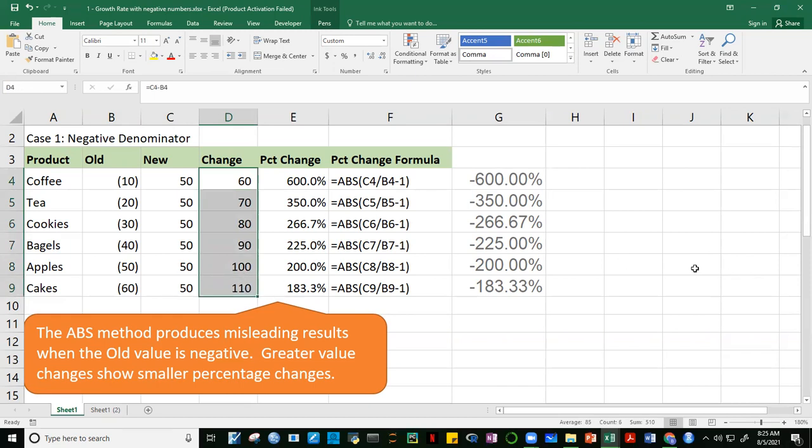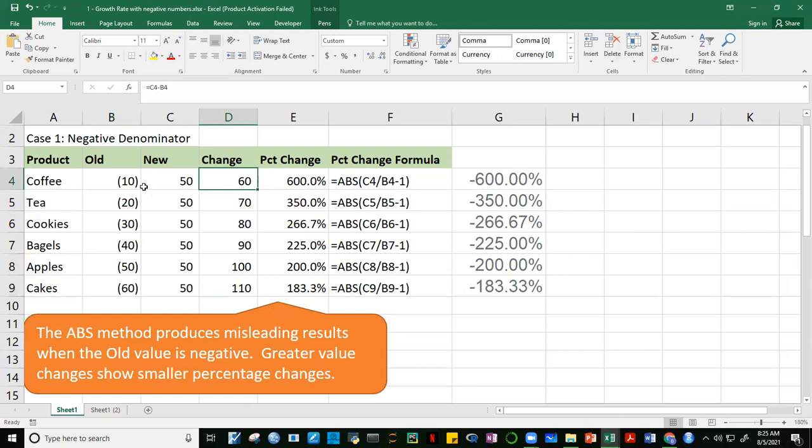If there was a bigger change in absolute terms, dapat mas malaking percentage change. Eh ito ang problema natin dito, 183 tapos ito 600. Mas malaking pa yung percentage change na mas maliit yung in-increase. Dito 110 yung in-increase, no? Okay, tapos ito 60. So parang something's not right here, no?